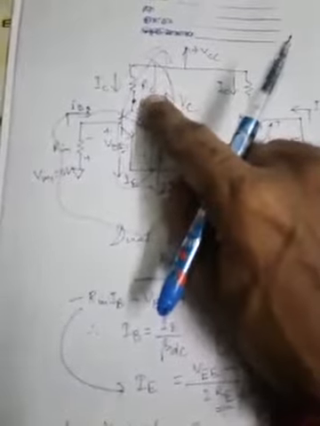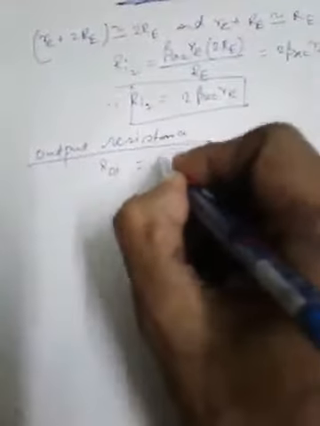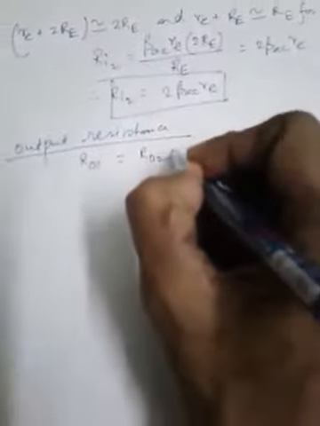So the output resistance is nothing but equal to RC for collector 1 and for collector 2 for both the BJTs. So in this case we can write RO1 is equal to RO2, both are the same, and that is equal to RC. So this is the output resistance.